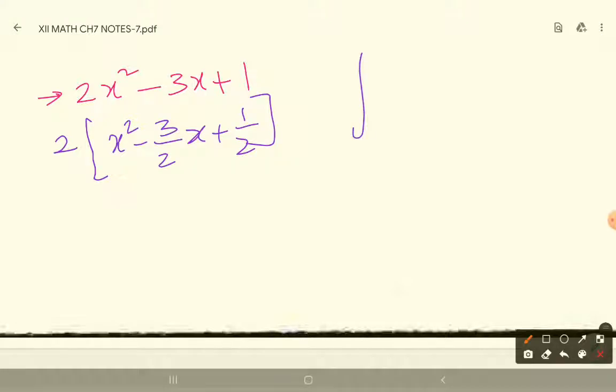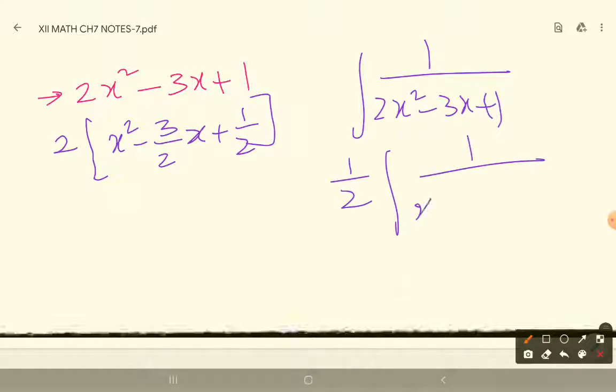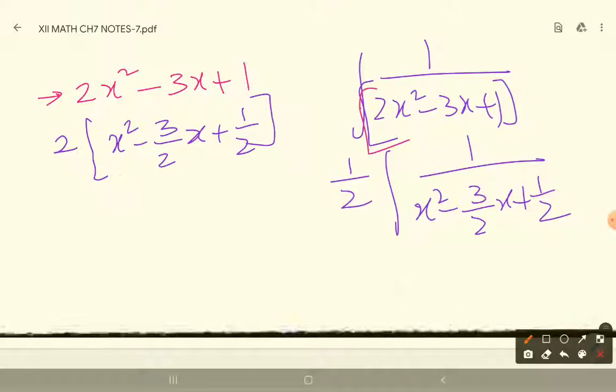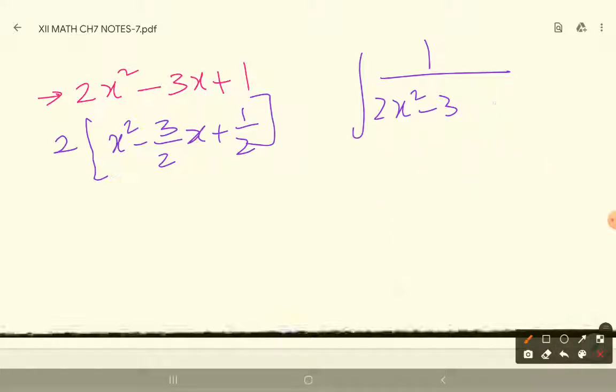Okay, then if it is the integration of 2x square minus 3x plus 1, then the 2 will be out like this, then 1 by (x square minus 3 by 2 x plus 1 by 2). Now instead of doing completing square for the whole thing, whatever the denominator is there, we do completing square for this. So this will be 2 into, let me erase this one.